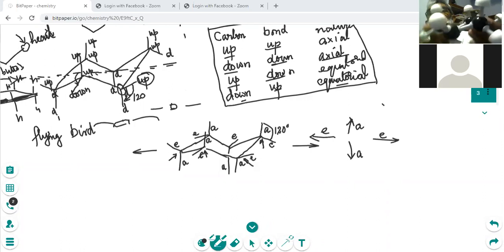Now let me see. This is the up carbon. Assume I'm sitting in this chair. So this is my head, and this is where I keep my leg. And these 2 are my knees.